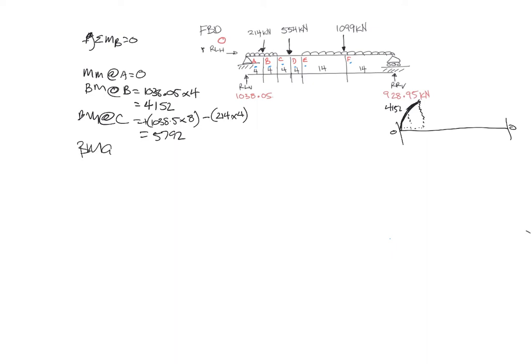Bending moment at D equals plus, so you can see it's force by distance each time, 1038.5 by 12, minus bracket 214 by 8, which I'm taking around D, so I can't calculate the 554 in at the moment.